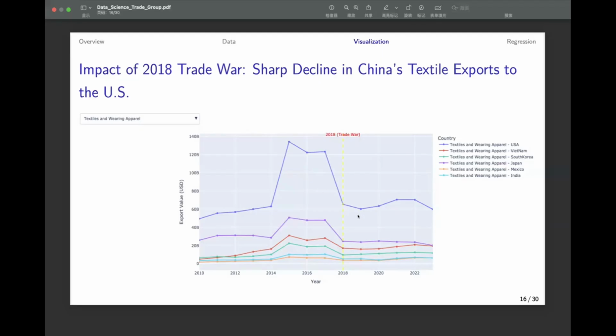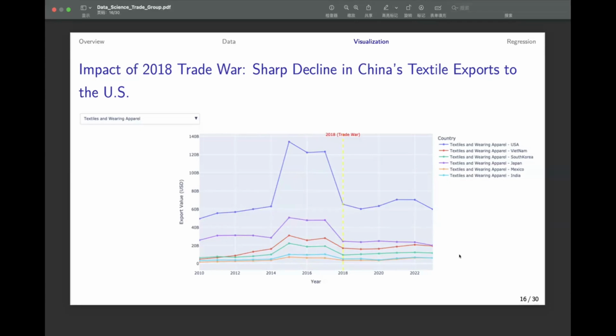The next few slides illustrate the trends in China's export from 2010 to 2023, focusing on China's export volumes to its representative trading partners. I selected several representative sectors, including key manufacturing categories.